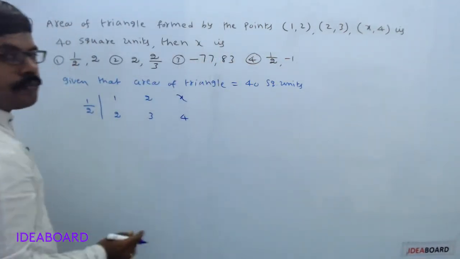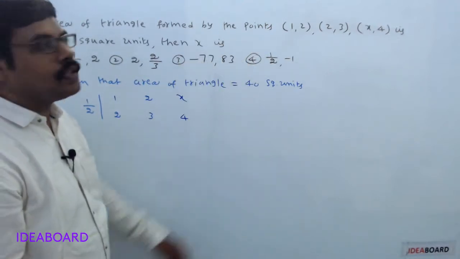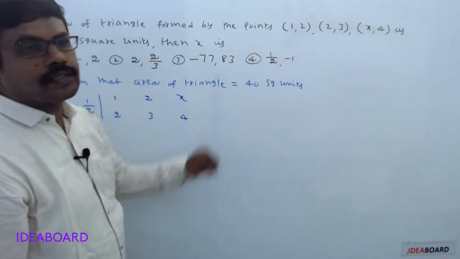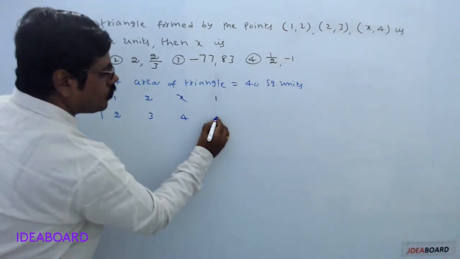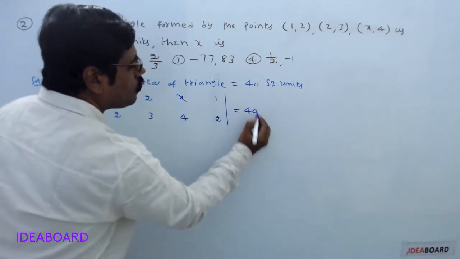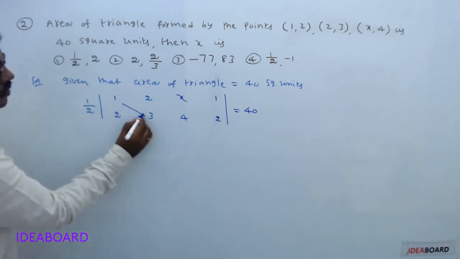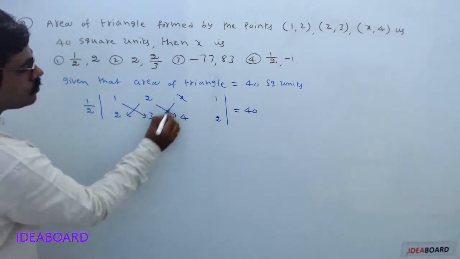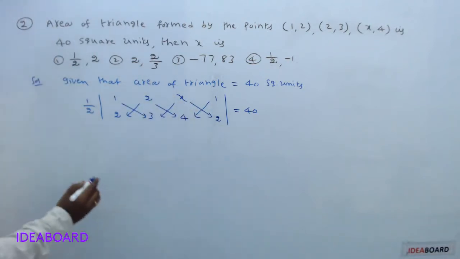x 4. If all 3 points are over, then again you write down the first point coordinates. What are the first point coordinates? 1 comma 2. So 1 2. So this value is given as 40 square units. Now first put the arrow marks, then expand this format.